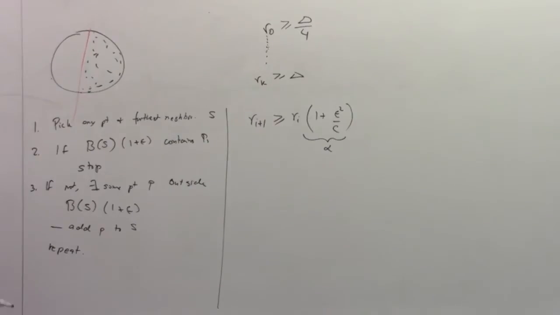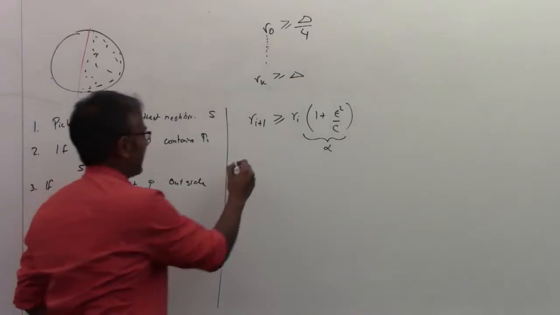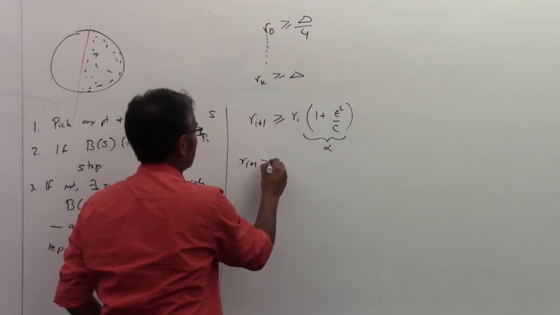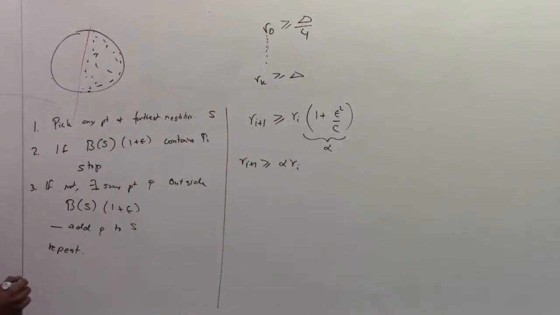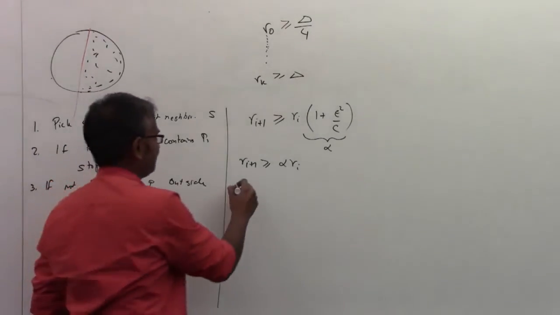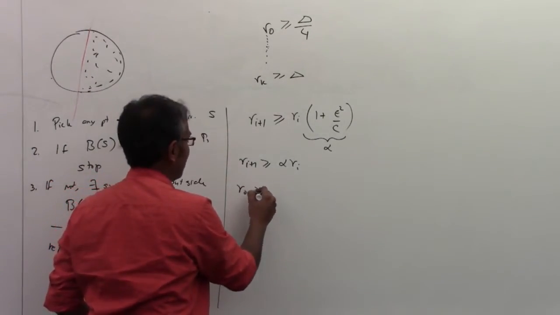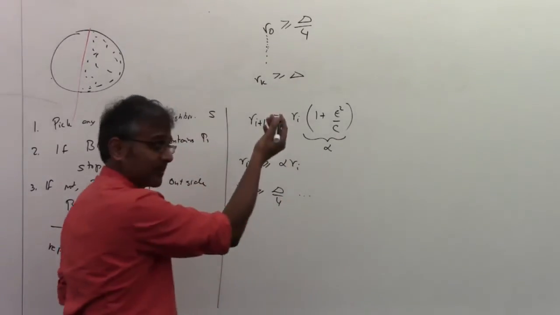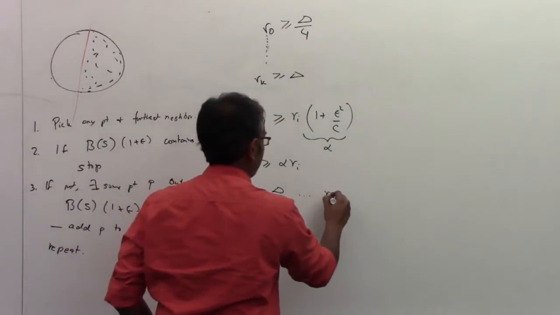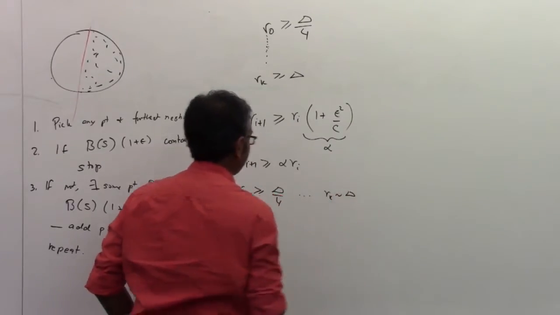Okay. And let us say that R_{i+1} is greater than or equal to alpha times R_i. So we know that R_0 is greater than or equal to delta over 4. We know that when it stops, R_k will be around delta.